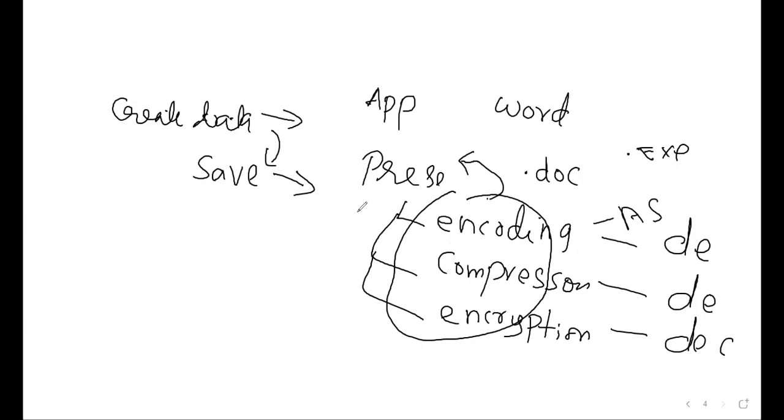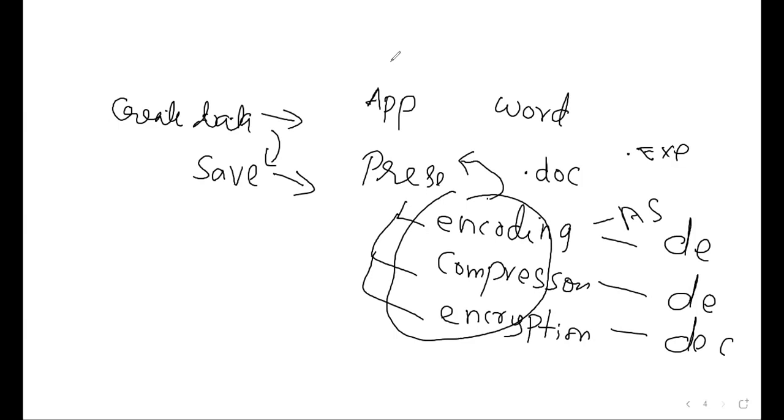That's called compression. Encryption means converting your data into ciphertext. I mean, the data will be converted into a different format which others cannot read. For example, if I want to say something to you, I'm going to use an encryption methodology and inform you which methodology I used for you to read it.